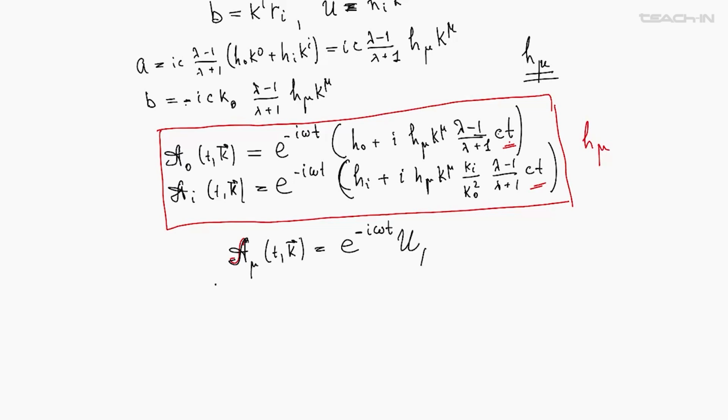And this variable u depending on mu and t, k, I just put it concisely as h mu plus i h mu k mu, k mu divided by k0. Sorry, there is no square here. At this point, there is no square, just k0. This k0 is positive, so k mu divided by k0, lambda minus 1, lambda plus 1, c t.